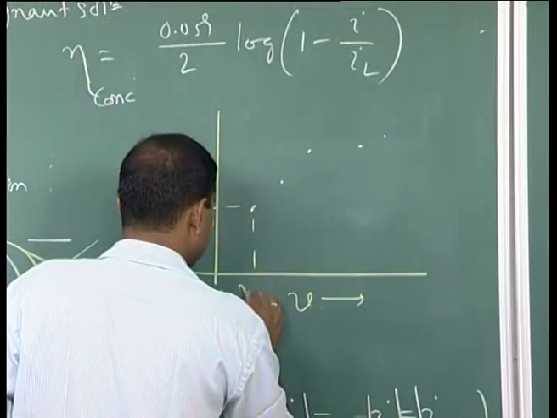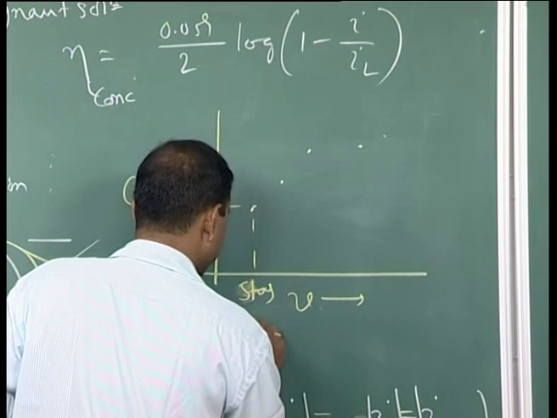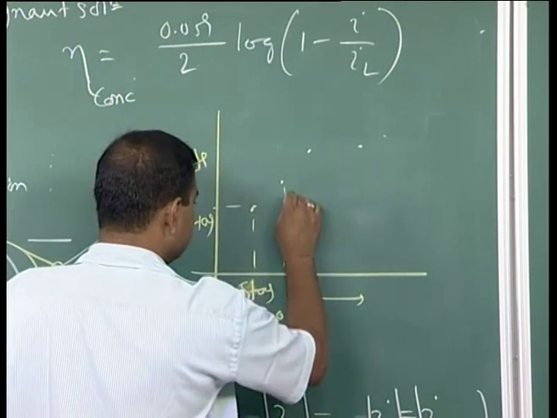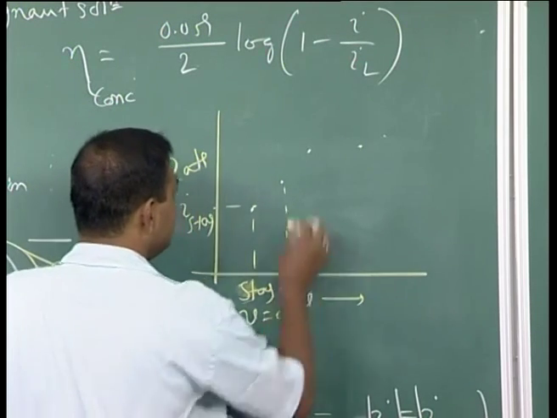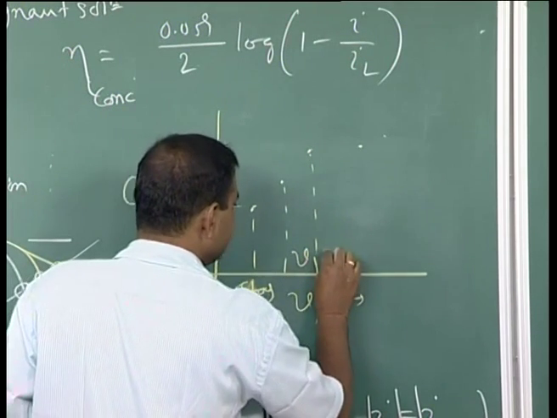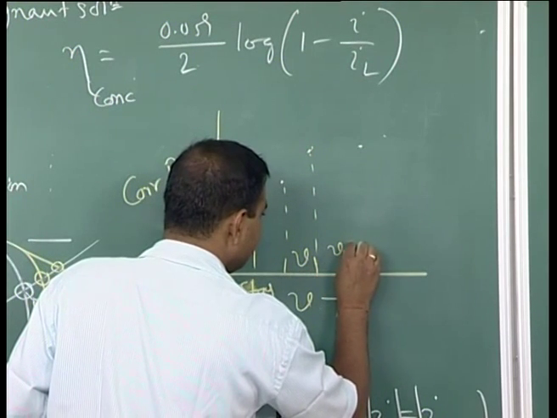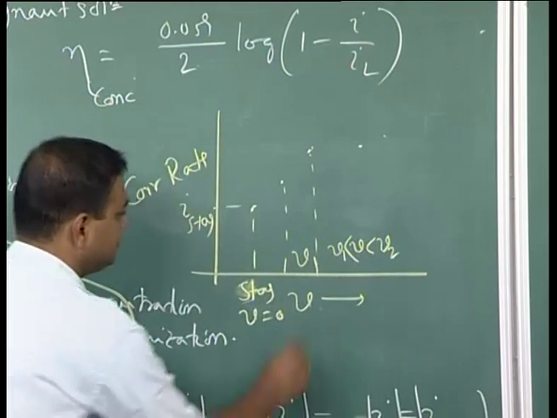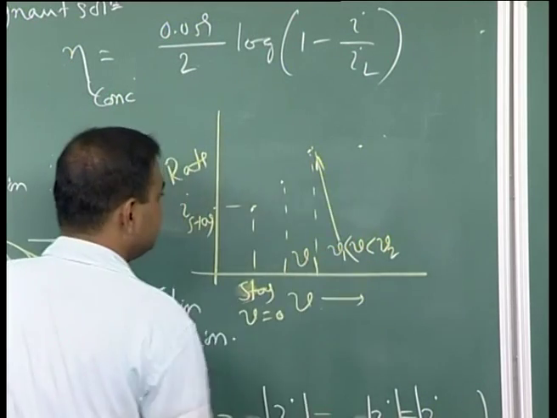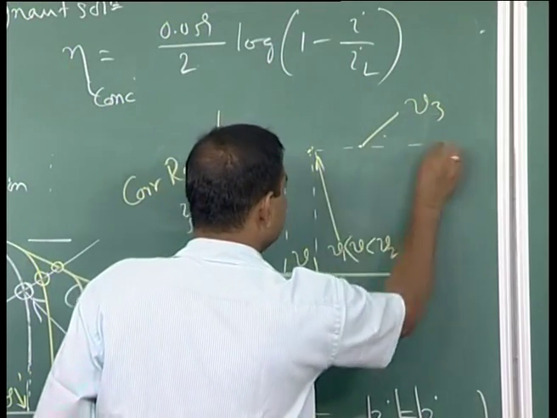So this is my stagnant when V equal to 0, this is my V1, and this is my velocity V2, this point, and this point is V3, and gradually it would be constant.